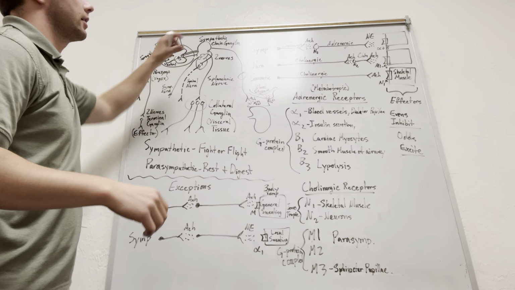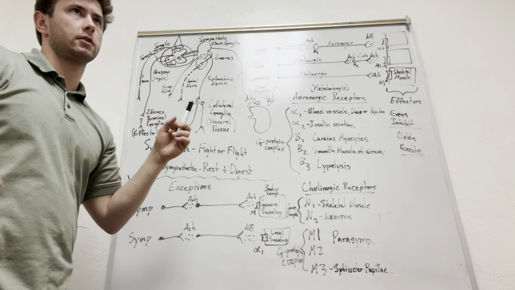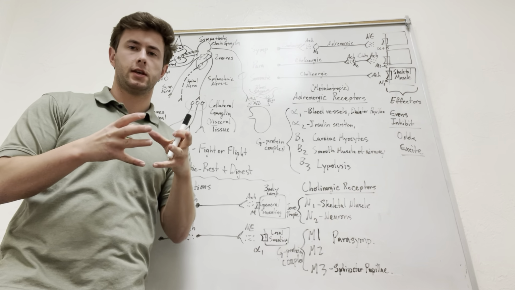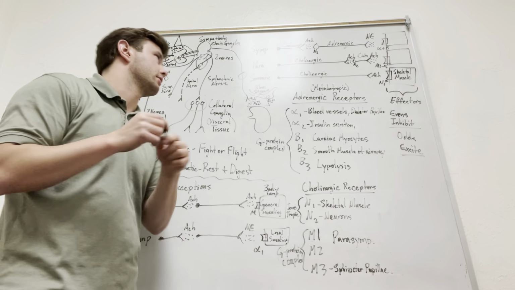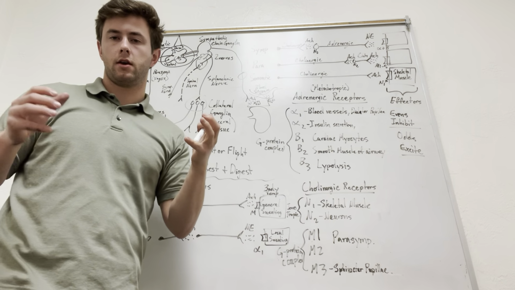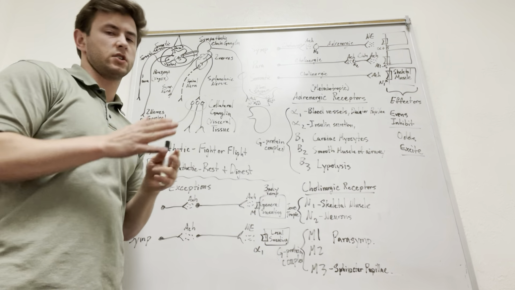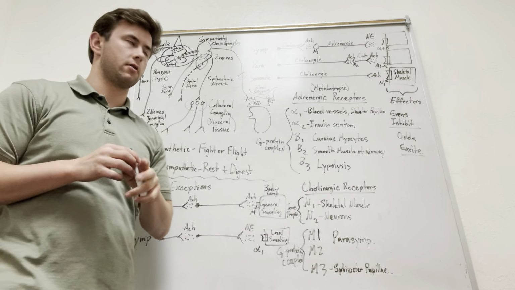Back to parasympathetic, you have 2 nerves here as well, and these usually travel all the way to the organ they innervate, and they have a very long first neuron and then a very short second neuron. And they call those terminal ganglia because they're so short, or they're so close to the effector you're innervating.